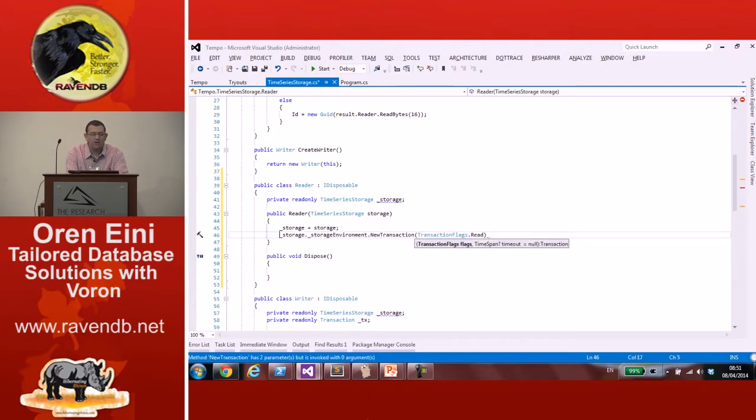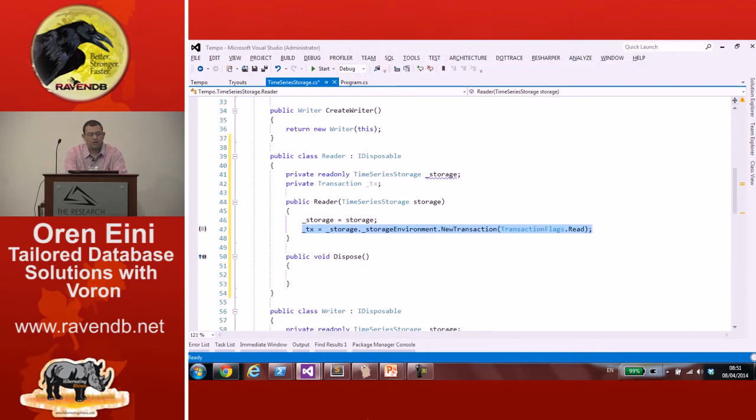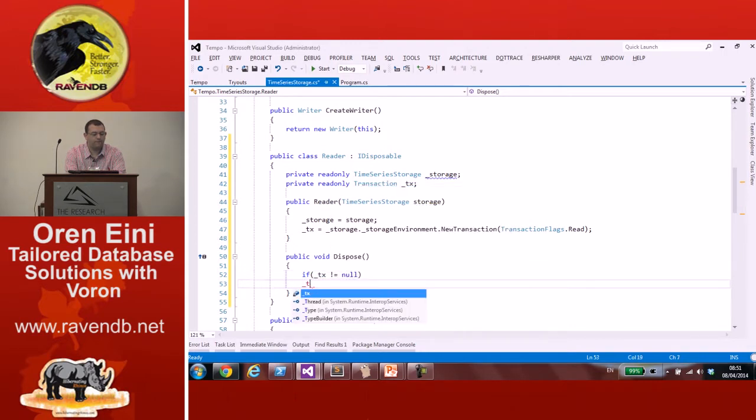Notice that now I'm creating a read transaction. The nice thing about read transactions is that you can have as many of them as you want, and they don't stop you from doing writes.